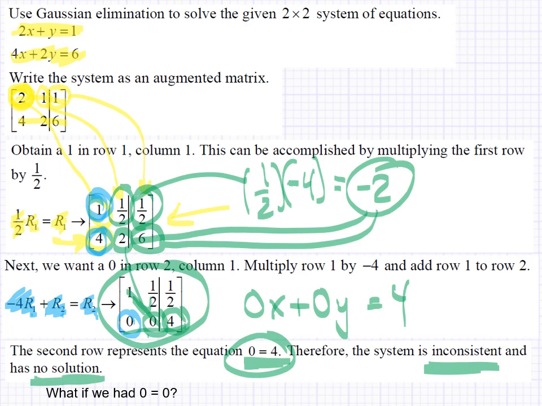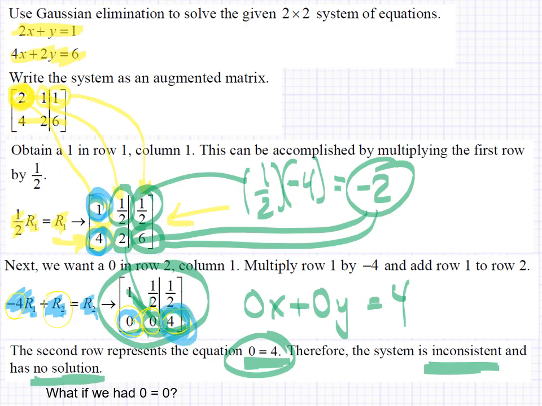However, what if when we did these operations, when we took -4 times row 1 plus row 2 to get our new row 2, instead of getting a 0 here, here, and also here, what if we did get a 0 in this register as well?